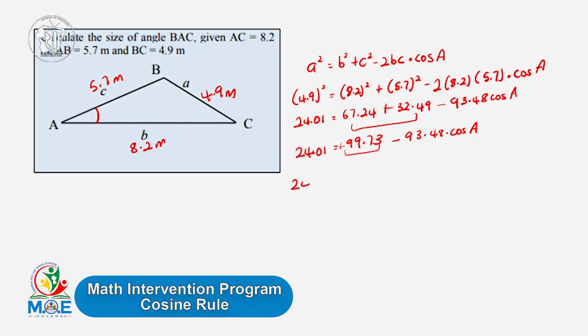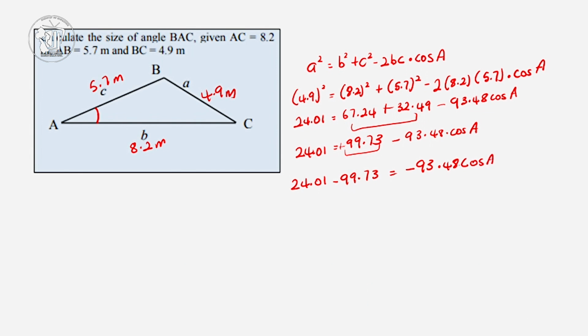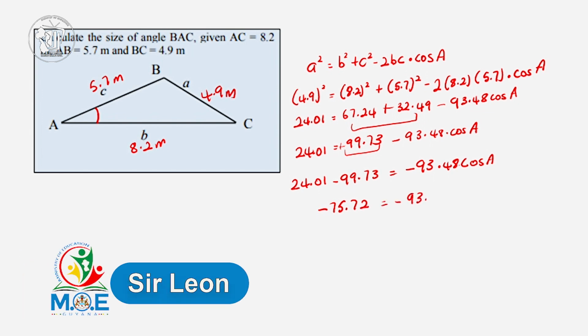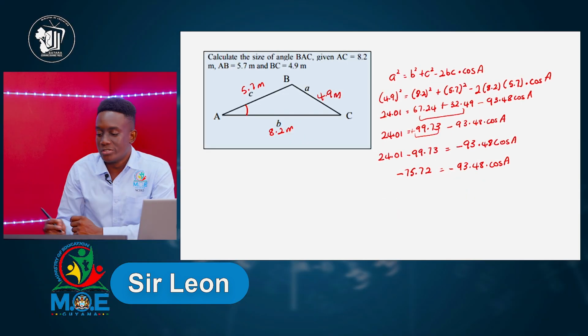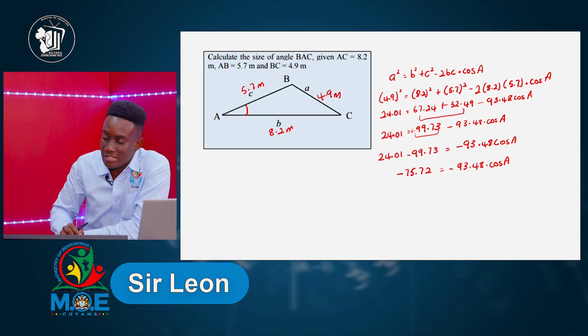So you'll have 24.01 subtract 99.73 is equal to negative 93.48 times cos A. So when we work this out, 24.01 subtract 99.73, you will get an answer of negative 75.72. That is equal to negative 93.48 times cos A. So it's to solve for cos A, to solve for A now.